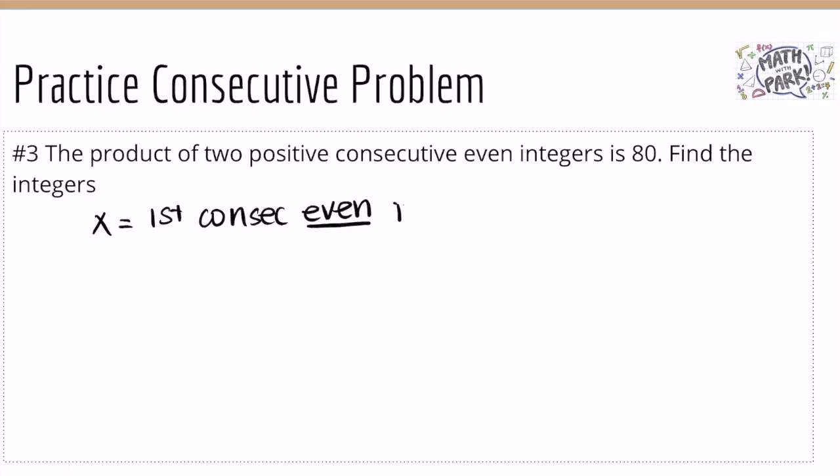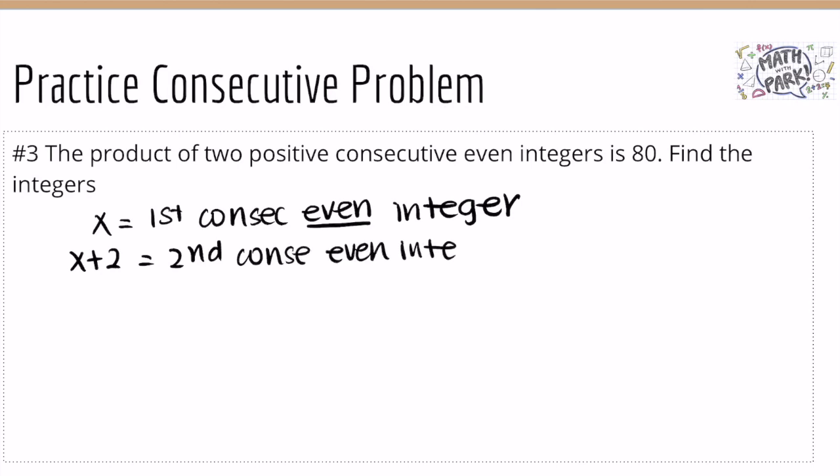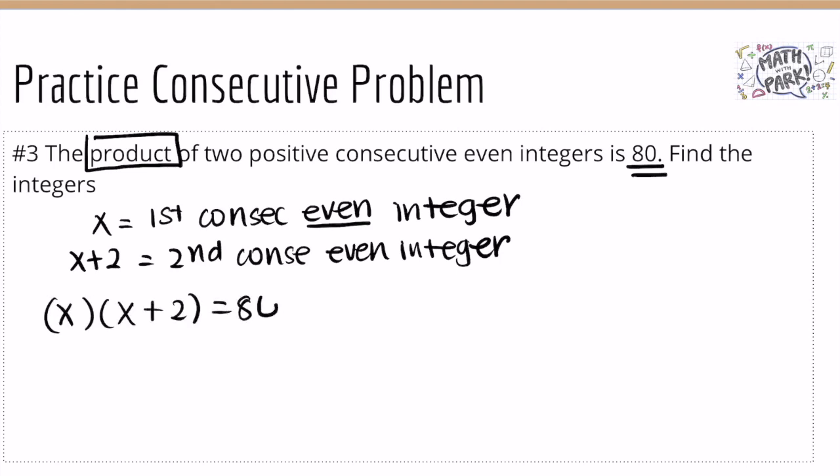We want to clarify it's even. And x plus 2 will represent our second consecutive even integer. Using this, we want to multiply these two values and have it equal 80. So x times x plus 2 will equal 80.